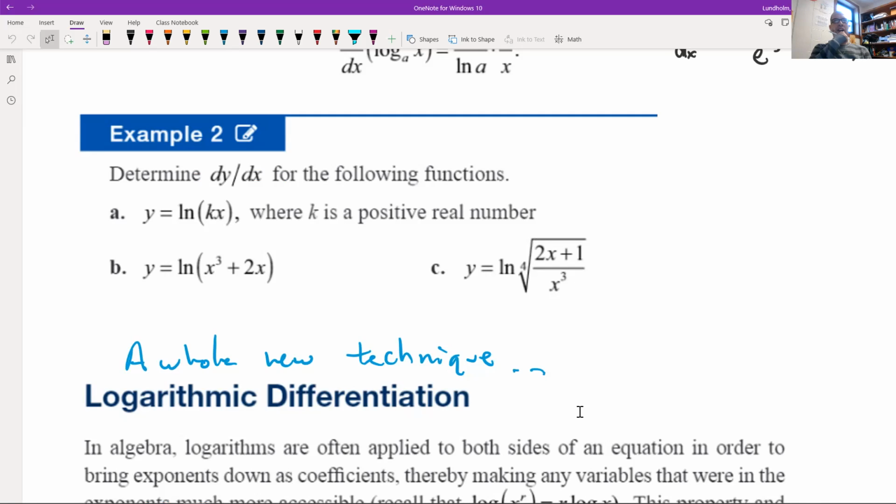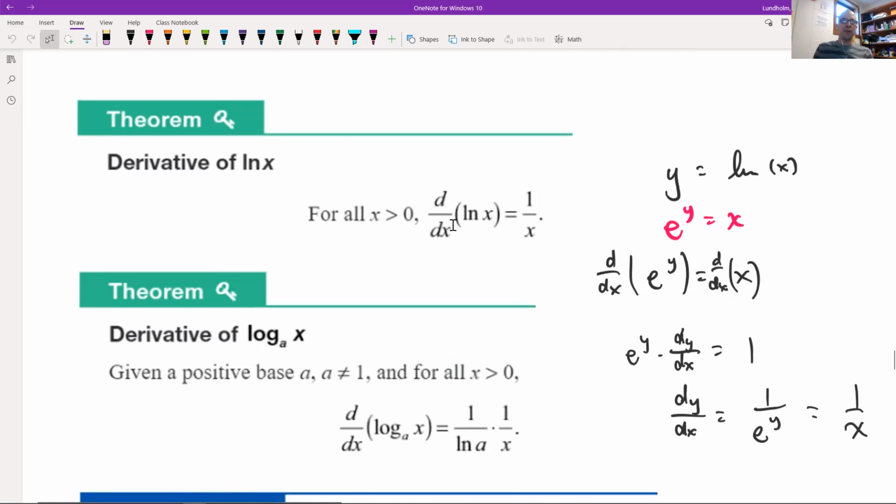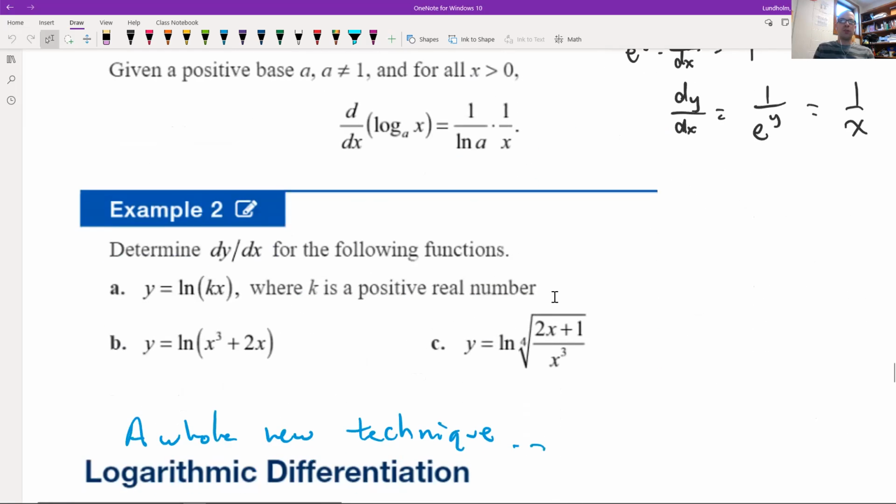Example 2. All of these would be just kind of exercises in doing the chain rule at this point. I guess it would be getting a feel for this new derivative rule that we just found.